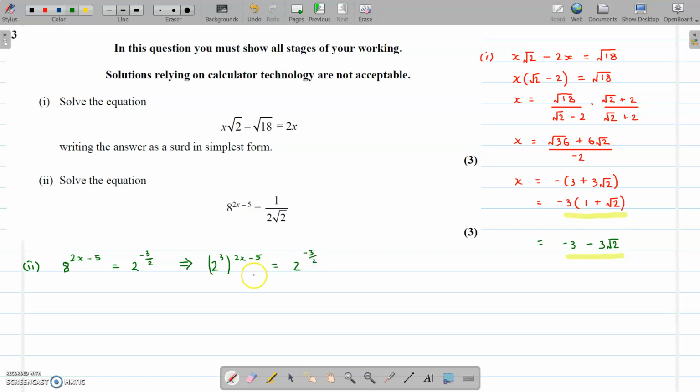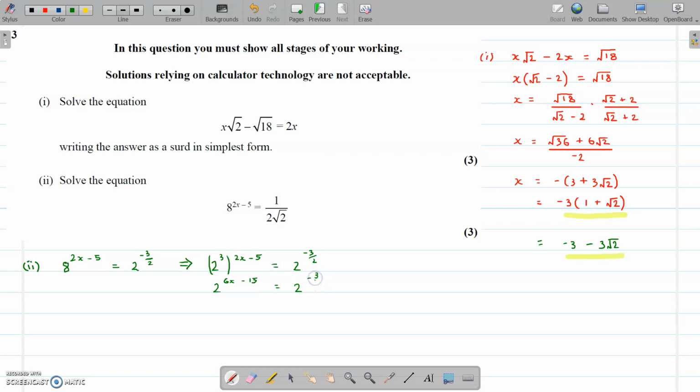And then I've got to just multiply this out, because if you've got a power to a power, you just multiply it out. So it follows from that 2 to the power of 6x minus 15 is equal to 2 to the power of negative 3 over 2.